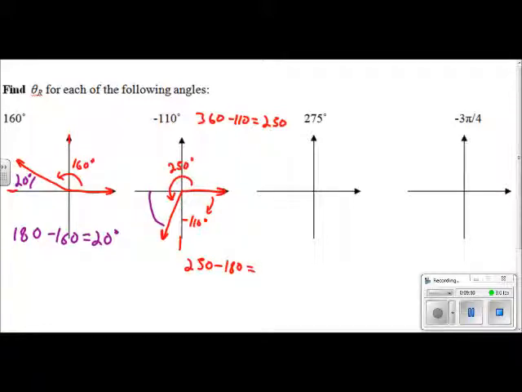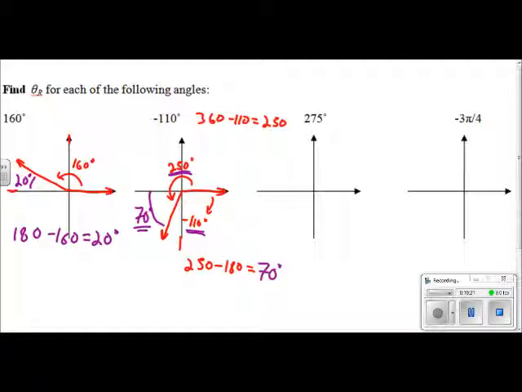It comes out to 70 degrees. So our reference angle here is 70 degrees. All three, 250 degrees, negative 110 degrees, and 70 degrees, are going to have the same values for sine and cosine. It's just that the 250 and the negative 110 are going to be negative values, whereas for the 70, both are going to be positive values.